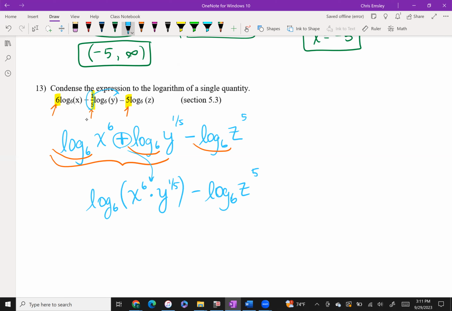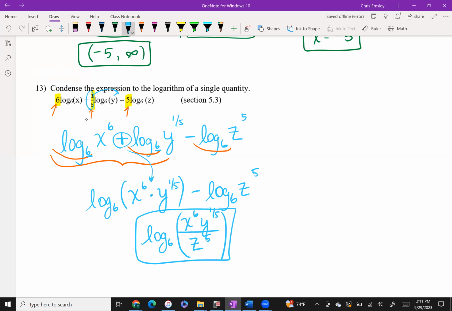We can only combine them when they have their matching bases. Now we can combine again. This time we have a subtraction, and our properties of logarithms show us that with that subtraction, that means we turn this into a division with z to the 5th in the denominator. So there is our condensed single logarithmic expression.